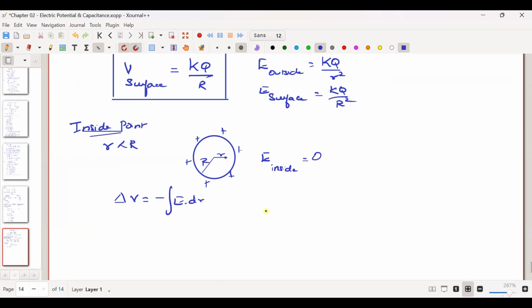Let's say this point is P. So I need Vp minus the potential at another point. What other point can we take? The center? Is the potential zero at the center?